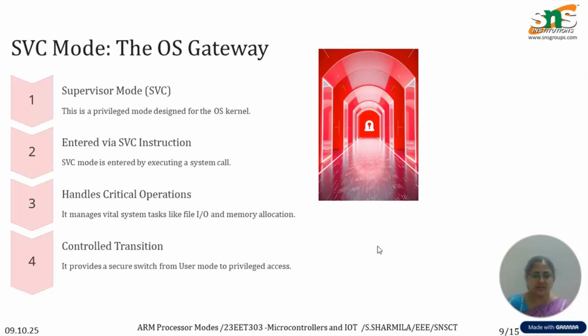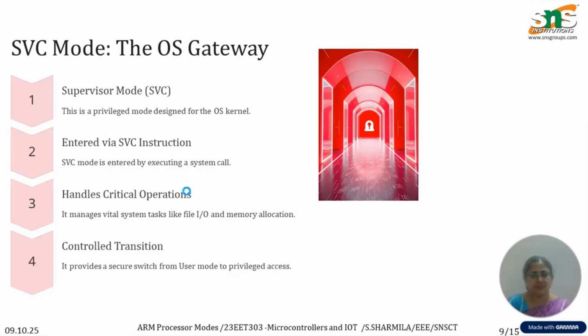This is done through a system call, which triggers a switch to supervisor mode, or SVC. This is a privileged mode acting as the OS gateway. It handles critical operations like memory allocation and file input/output, providing a controlled and secure transition from the restricted user mode.